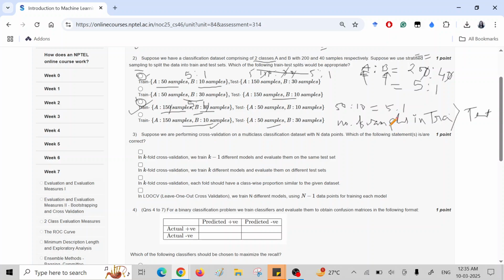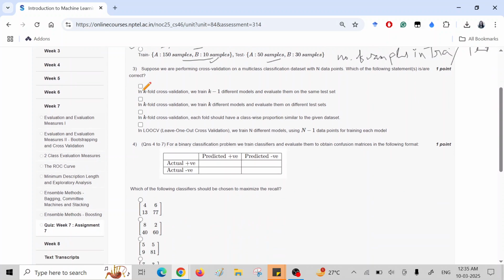Okay, this is a standard practice that we use while training a machine learning model. So here, since the total number of samples in the train set is greater than the samples used in the test set, option C will be the correct answer.